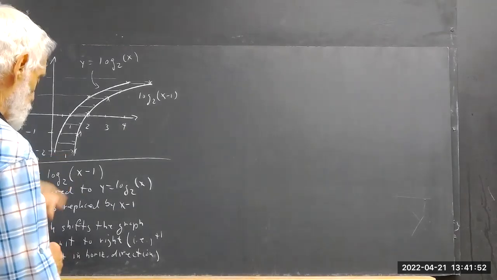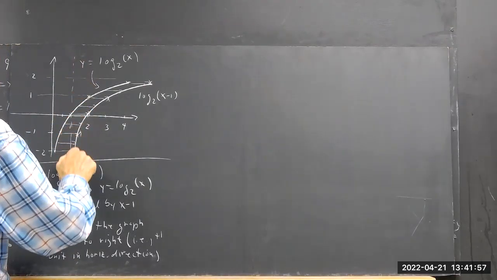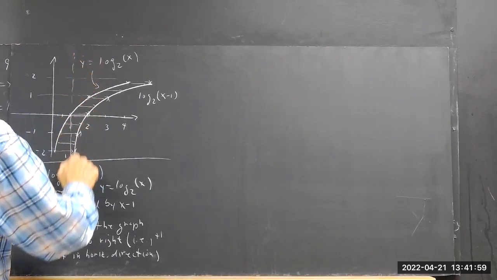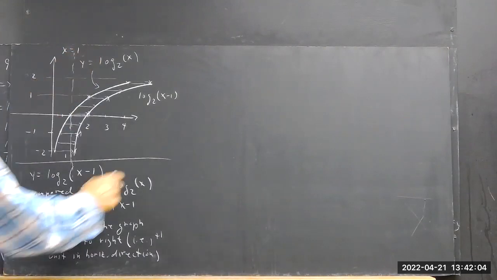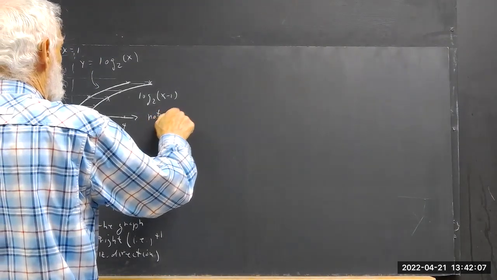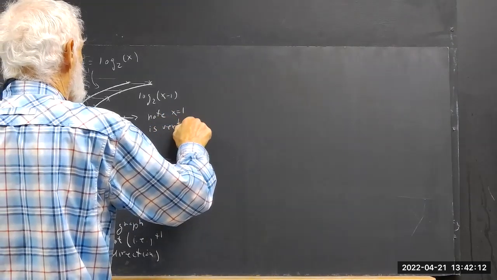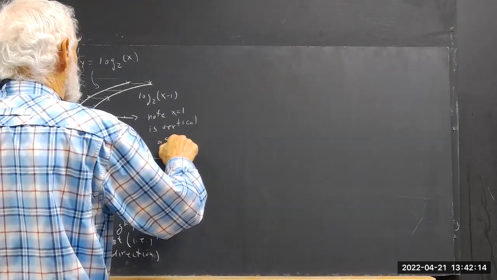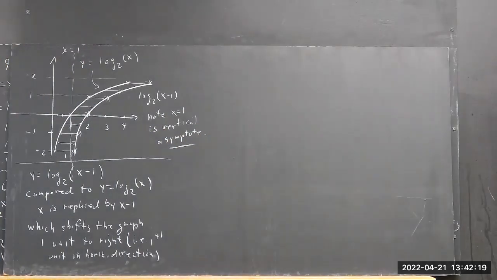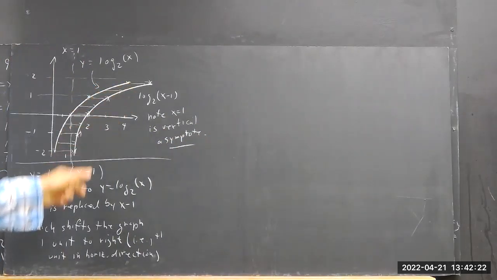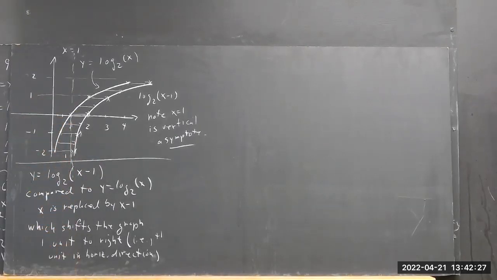So you're going to have an asymptote here. Note that x equals 1 is a vertical asymptote. This thing will be approaching x equals 1. It'll never go past it. It'll just keep getting steeper and steeper.